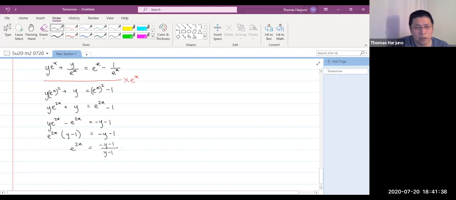I can actually factor the negative on the top, right? So if I factor the negative at the bottom, it becomes 1 minus y. Okay. So e to the 2x now can be written as 1 plus y over 1 minus y. Are you with me?